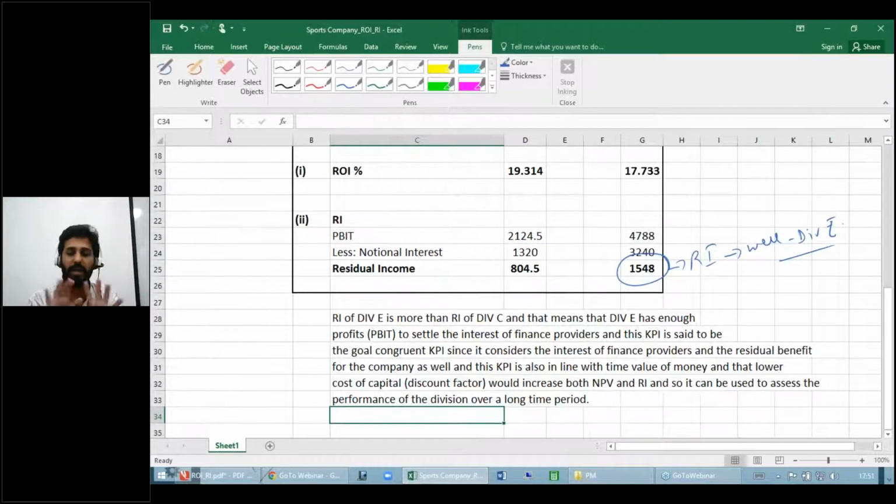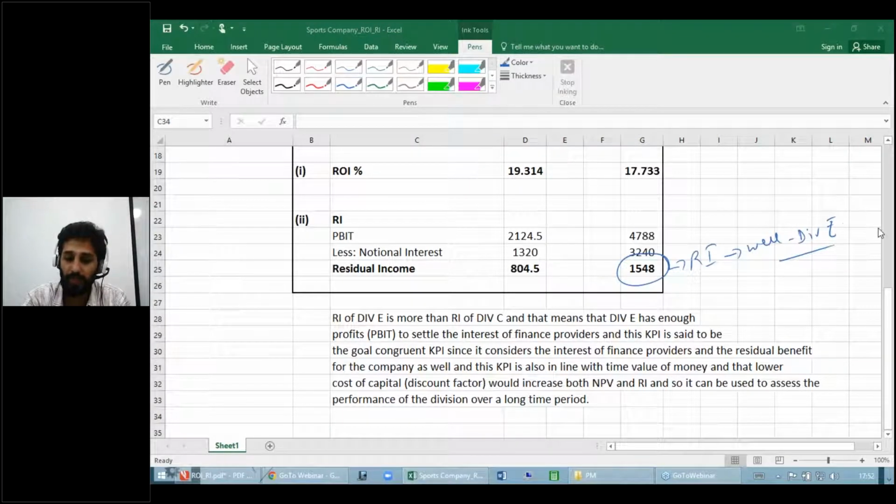All right, that is a very simple thing. So RI is the residual income, and I have written something because the question had asked me to comment on the things.